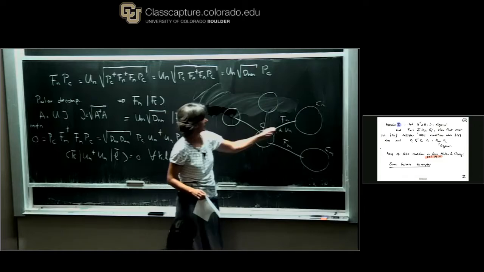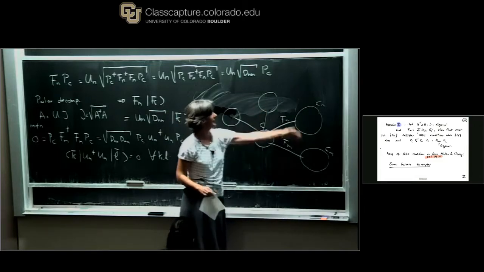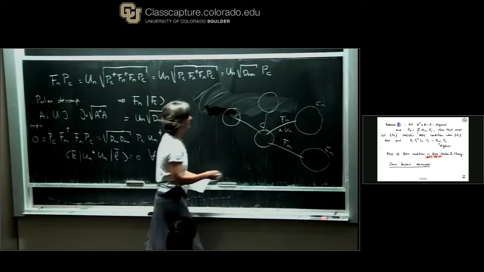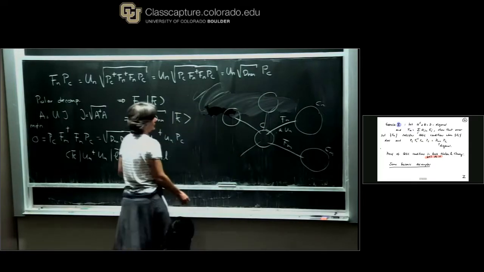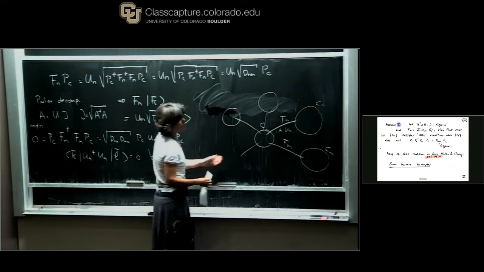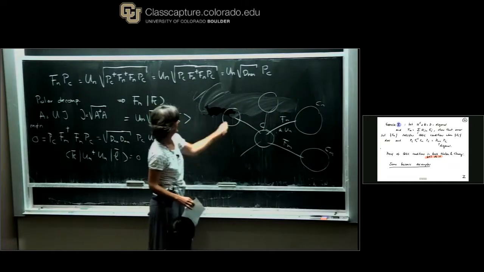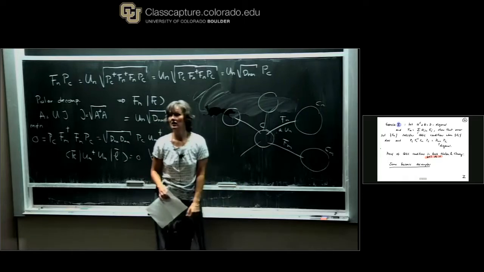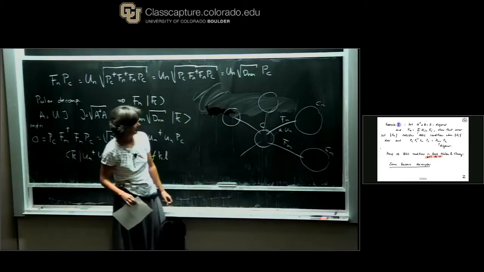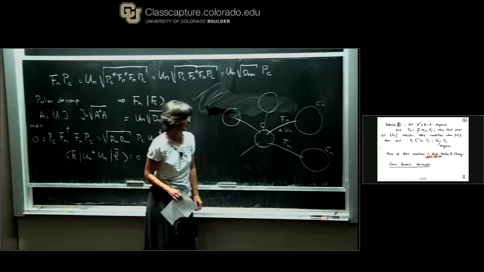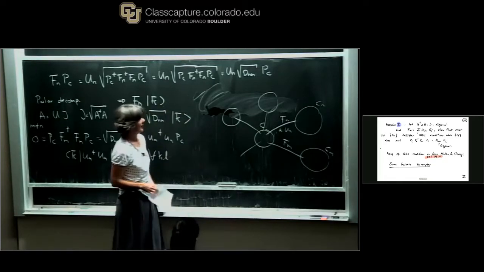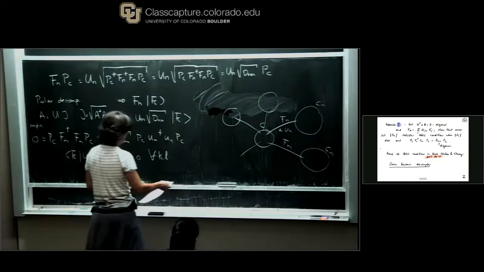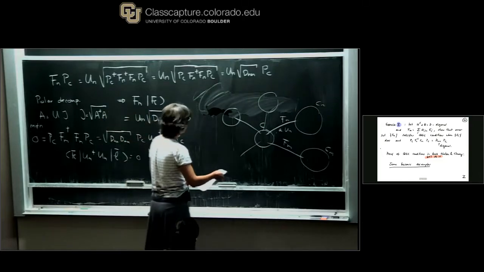So you do a projective measurement saying, okay, am I here, here, here, or something else. But no error will send you there, so you never get that outcome. So the recovery is essentially this map.